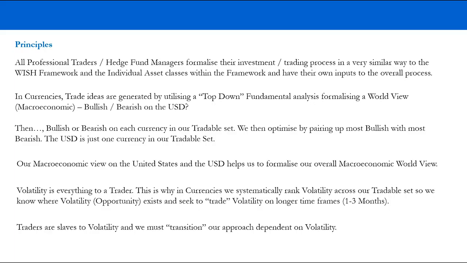So first of all, formalizing and having an investment and trading process in the same way that the WISH framework and the individual asset classes within the framework have. And secondly, allowing the systematic process to actually become more sophisticated and change over time if it needs to. So it's actually a flexible approach. And the best traders in the world are the most flexible traders because they move with the times.